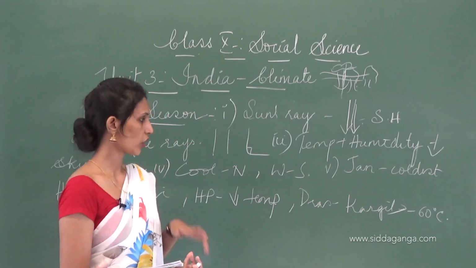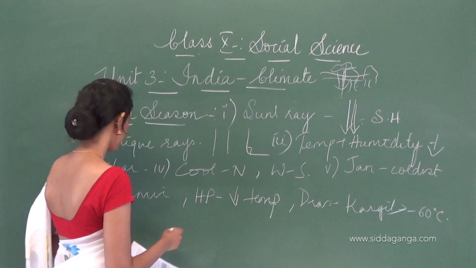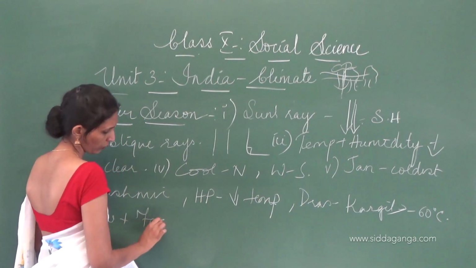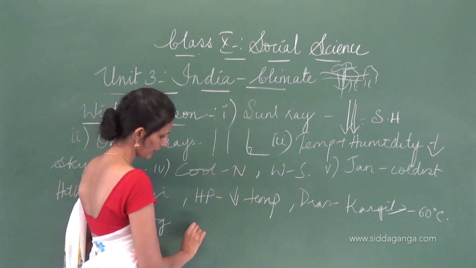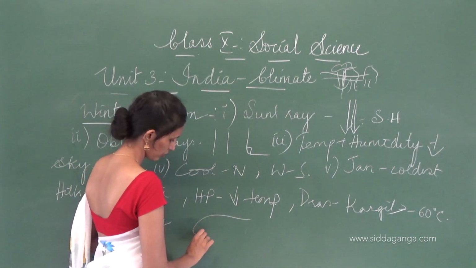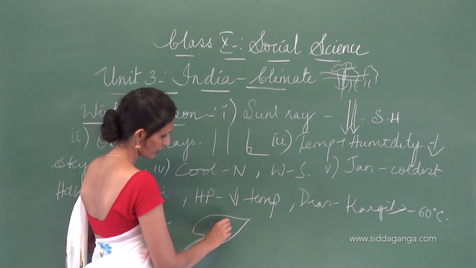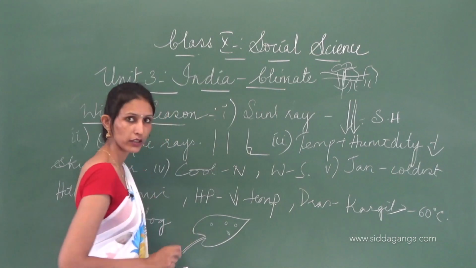Now what is common here is dew and fog. What is dew? Now there is a leaf like this, you find droplets of water on it in the morning.